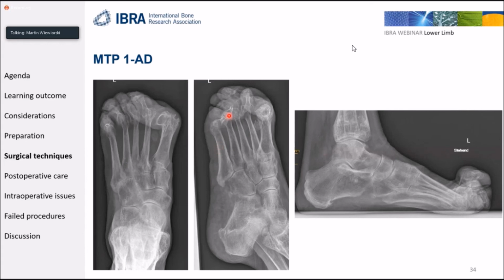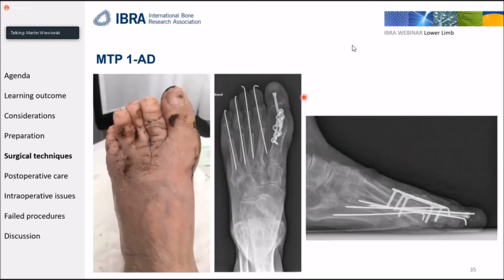I think this is nothing where you can use any kind of chevron osteotomy or maybe even scarf osteotomy. Because the MTP joint is severely degenerated, you have to fuse this joint. So I did this. This is how it looks: the patient just came in two weeks ago for a 6-week control.